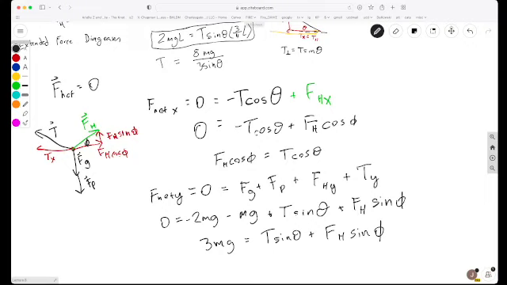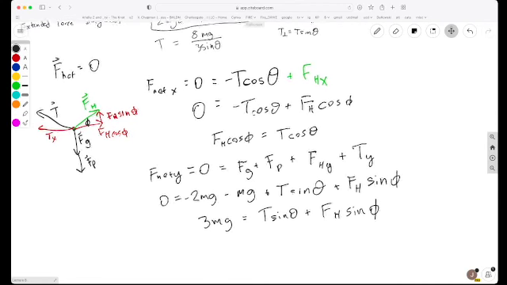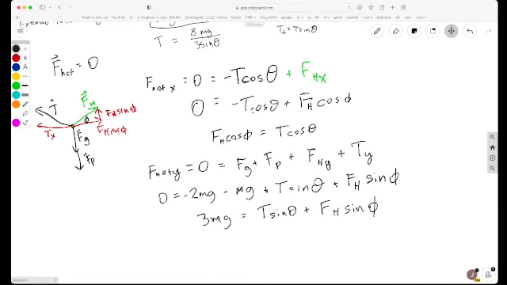That's one of the things we solved for when we balanced the torques. We found the tension in the rope had to be 8mg over 3 sine theta for these torques to be balanced. So let's plug that in. We have 3mg equals 8mg over 3 sine theta, that's our tension, times sine theta, plus Fh sine phi.